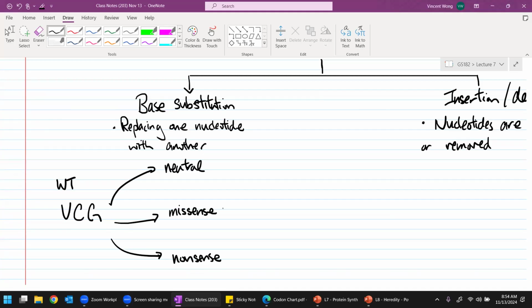You have to look at the codon table for that. Neutral mutations. There's a bunch of them, right? So instead of using G, you can change it to one of these, and it's still the same. Right?